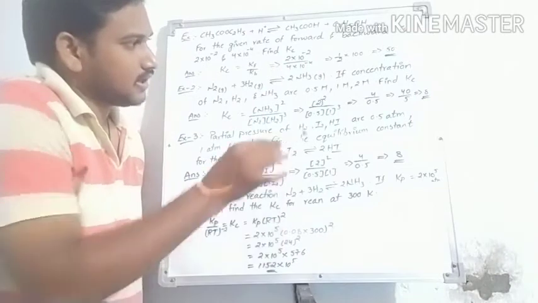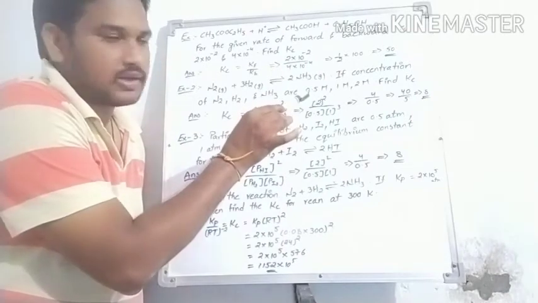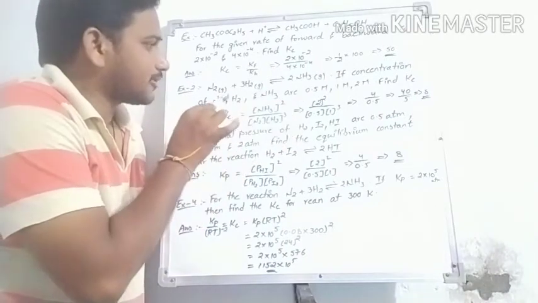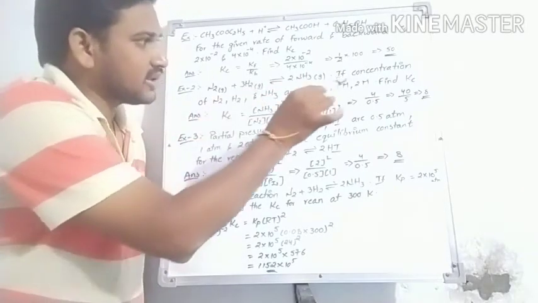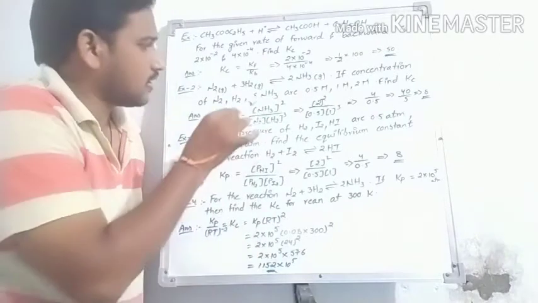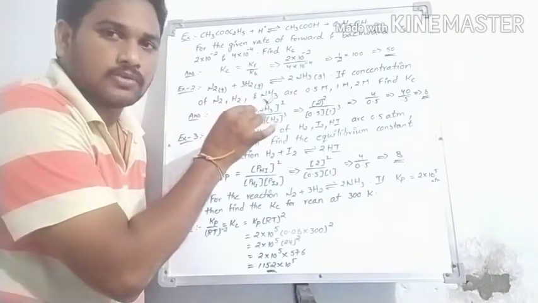The concentrations respectively: nitrogen is 0.5, hydrogen is 1 molar and NH3, ammonia, is 2 molar.